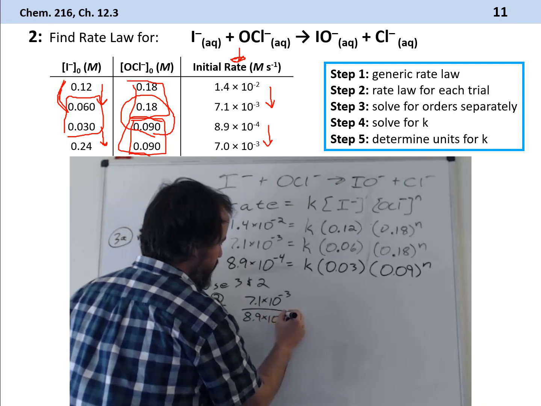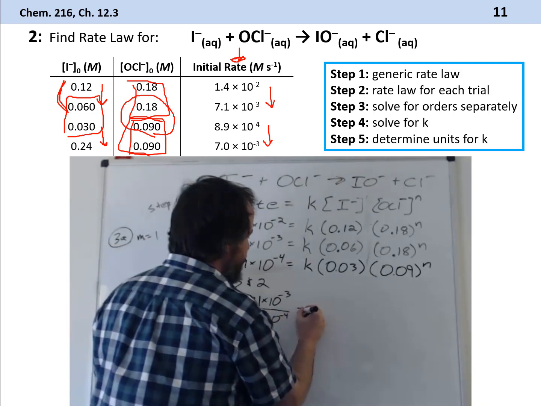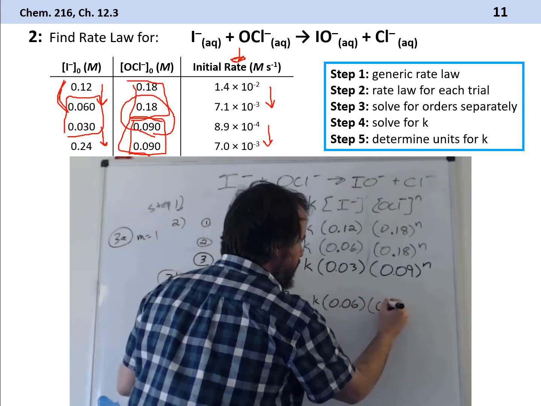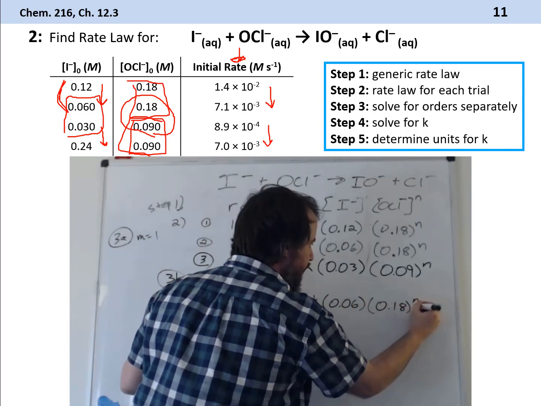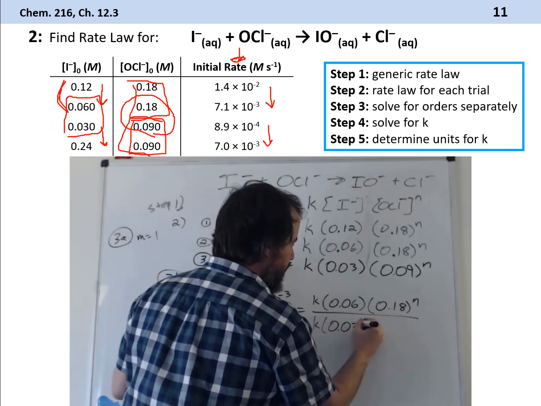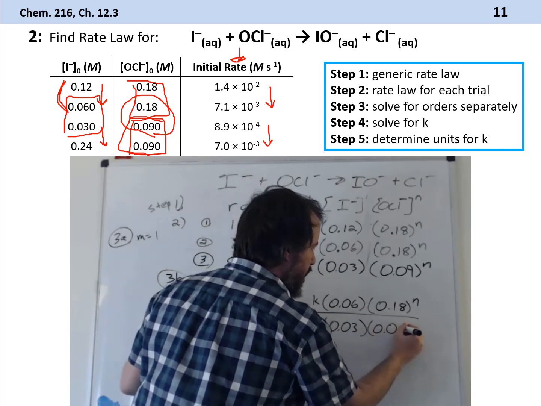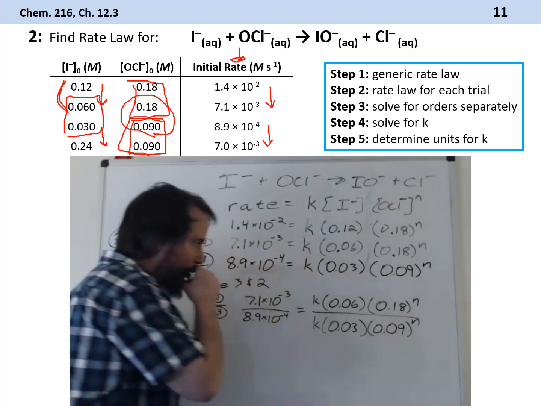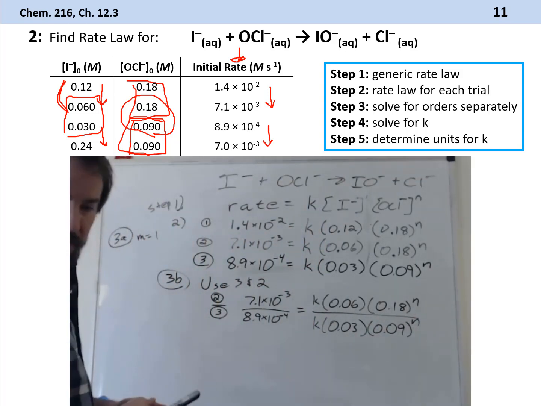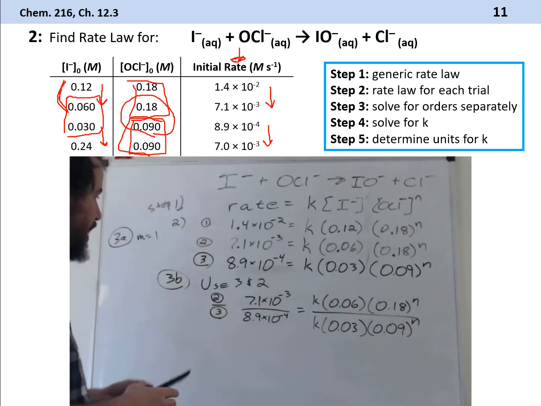All right. So I put my rates, k times 0.06 times 0.18 to the n, over k times 0.03 times 0.09. Okay, so now I do the math. 7.1 times 10 to the minus 3 over 8.9 times 10 to the negative 4.